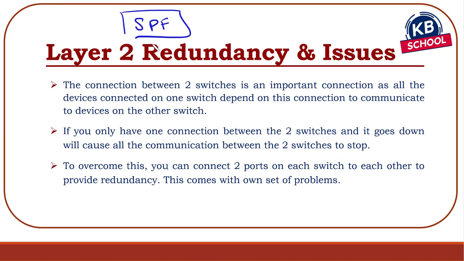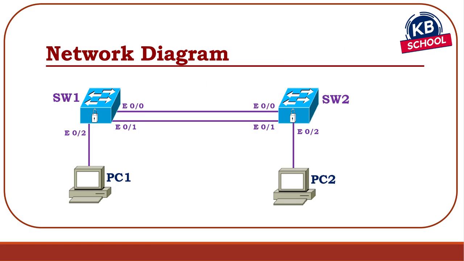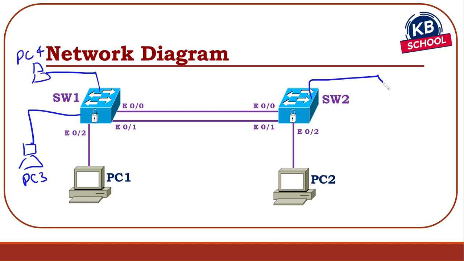All right. So to overcome that, we add another link, as I said in my intro, and this is what the network will look like now. I'm just showing you one PC over here. Think about having multiple PCs: PC 1, 2, let's say 3, and these might be clients or these might be servers. 4, let's say I have 5, I might have 6.